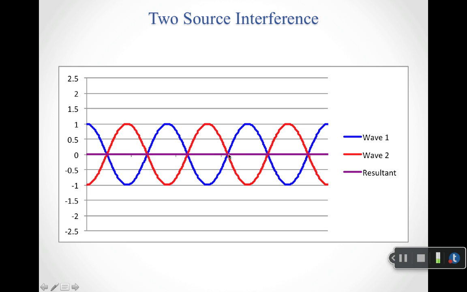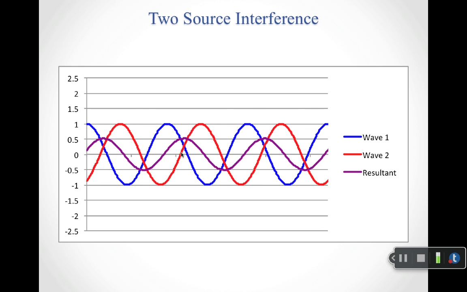Pick any point along the wave, add together the blue wave and the red wave, and it's always going to give you 0. So here, my waves are what's known as perfectly out of phase. They're canceling out. Again, what we care about when we're dealing with interference is the relative phase between our two waves.